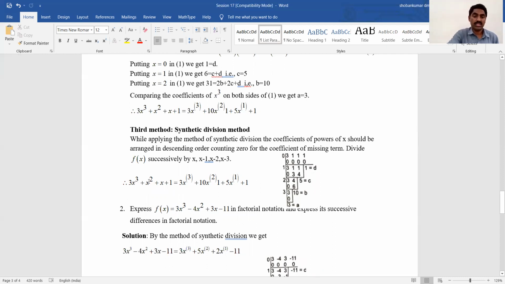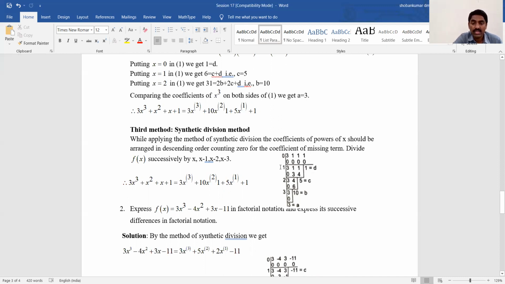here 3x cube plus x square plus x plus 1. Here write the coefficients of x, reducing from the higher degree to the lower degree: 3, 1, 1, 1.